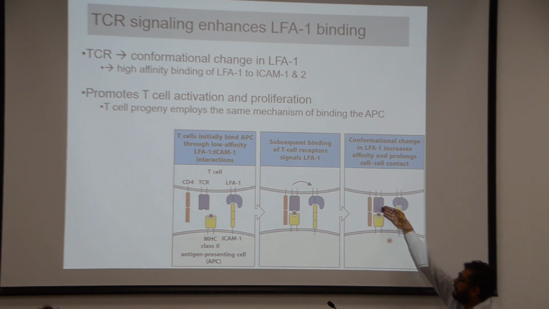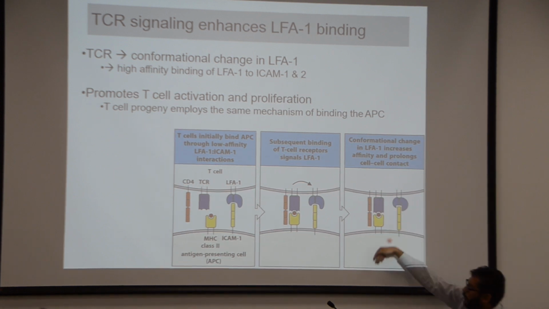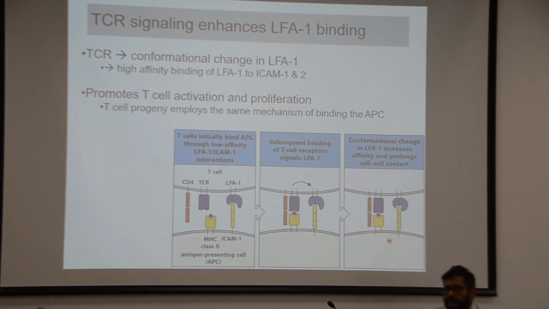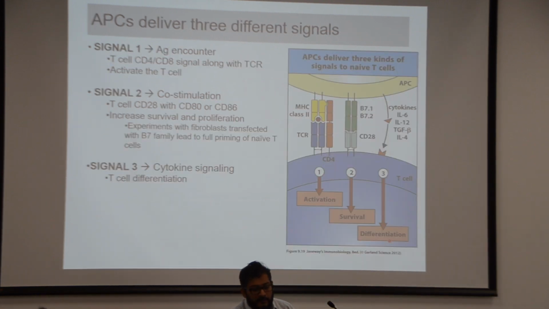This is important so that it gives enough time for proper signaling to take place and the rest of the molecules to align. And what happens then is that the first signal of activation comes through the peptide MHC interaction through the T cell receptor, followed by co-stimulation that takes place through B7.1, which is also CD80. B7.2 is CD86. So CD80 and 86 engage CD28 to give the second survival signal. Okay?